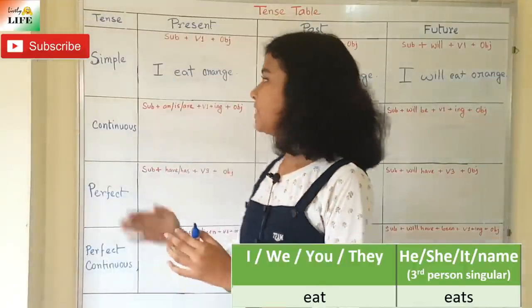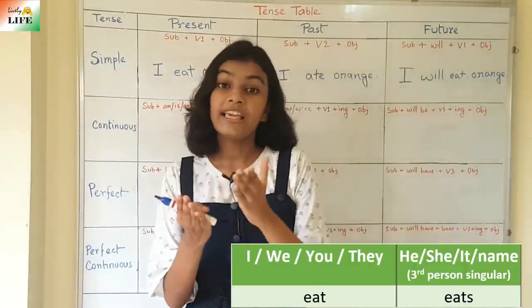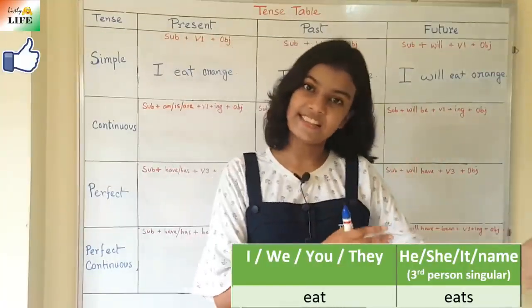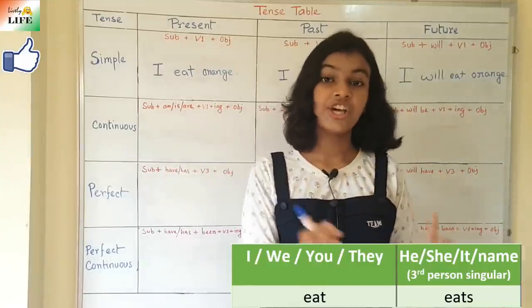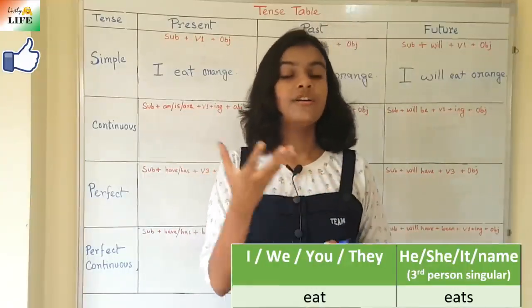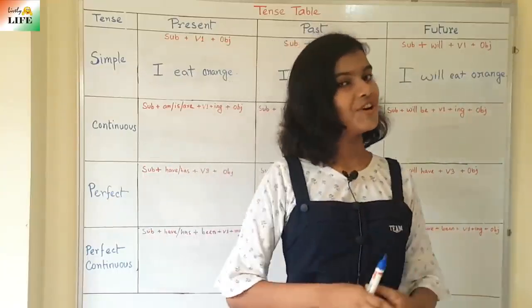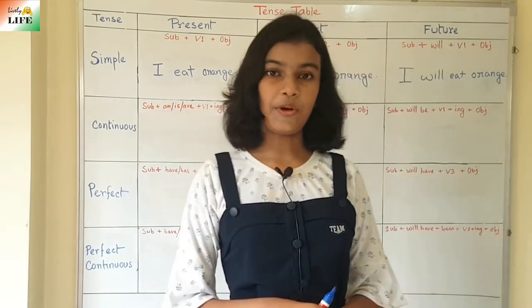For example, I eat orange. If we use he, so he eats, E-A-T-S, he eats orange. She eats orange. It eats orange. Or suppose a name, Rose. Rose eats orange. So this was an important point.